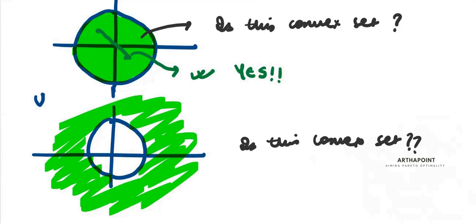You take any 2 points, join it with the line segment. The line segment is not within the set. It goes outside the set also, because it takes those points also, which is not a part of the shaded region. So is it a convex set? No.